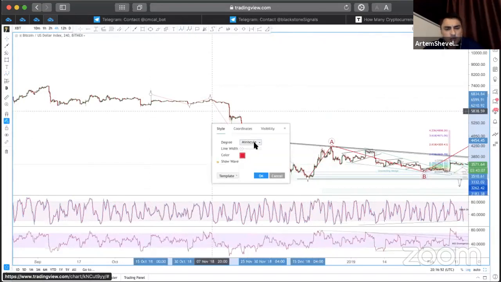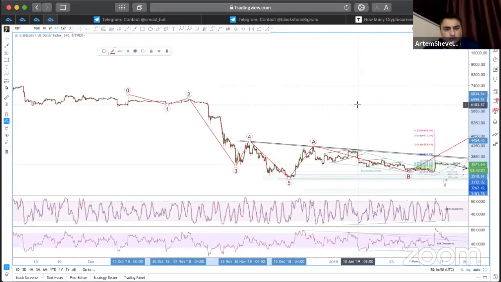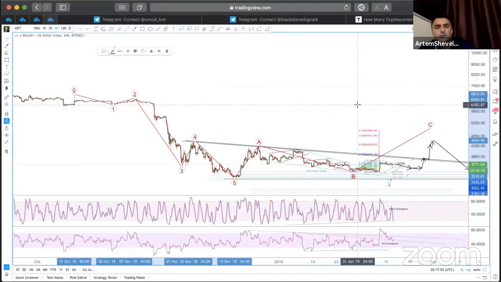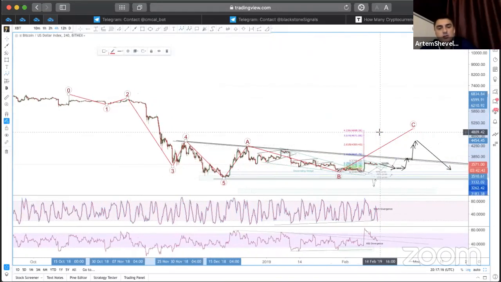Let me make it bigger so you can see better. This is market structure from Elliott Wave theory. And yes, after an impulse leg, we have a correction leg, an ABC zigzag. So that's why I'm expecting this.